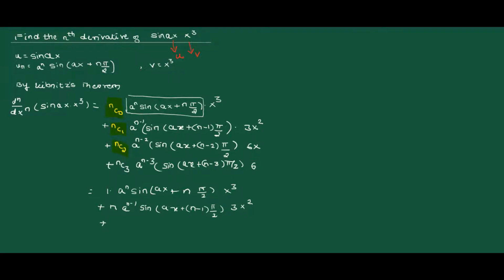What is the value of nc2? The nc2 value is n into n minus 1 divided by 2 factorial, and then a raised to n minus 2 sin ax plus n minus 2 into pi by 2, into the differentiation of 3x square, that is 6x.